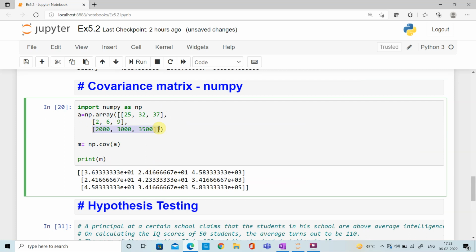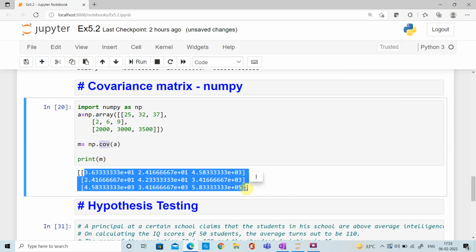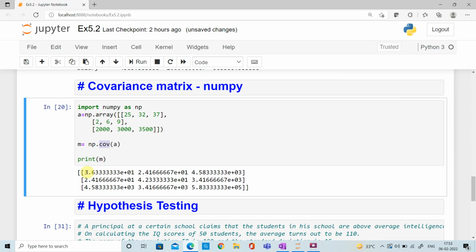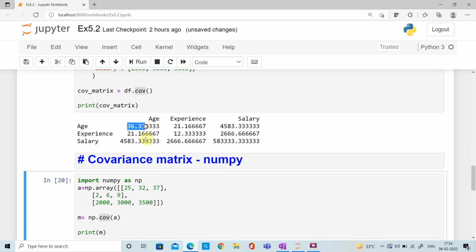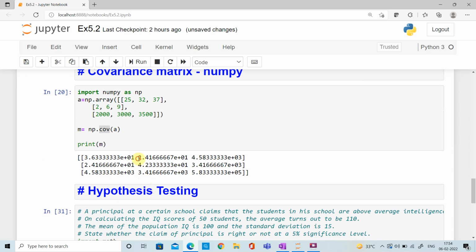All three I need to form into a multi-dimensional array using NumPy. After that, just call the covariance function available in NumPy. That will give you the result in exponential format. Here you see 3.63 e+01, so it is actually 36.3, and this is 24.1, and this is 45.8.